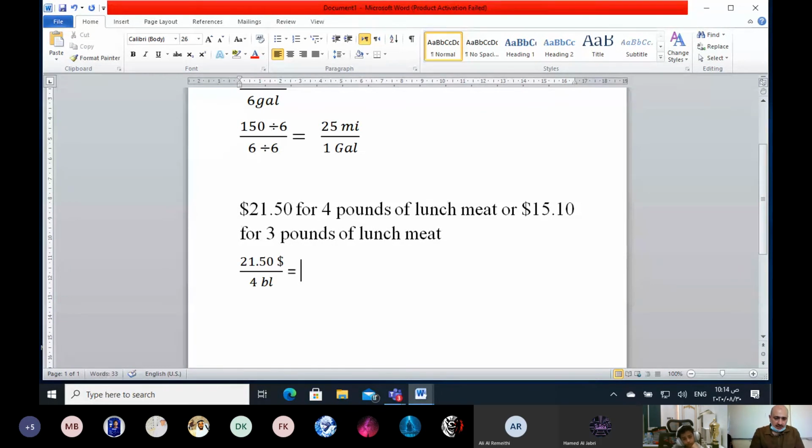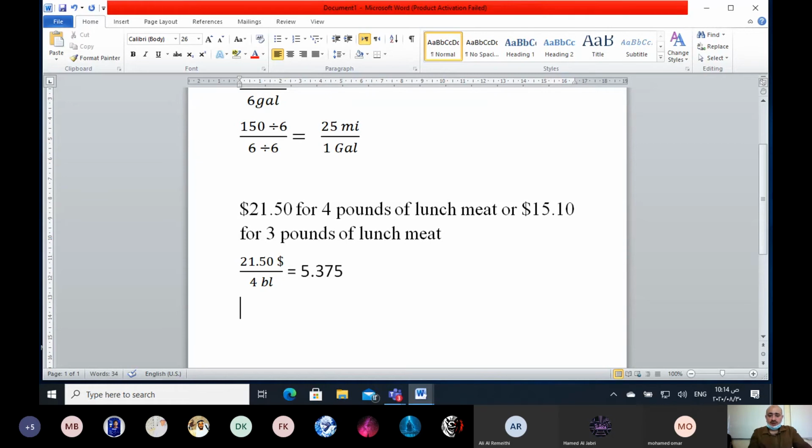You can use the calculator. Try to divide up and down by 4. So 21.50 divided by 4 will be 5.375. You can use the calculator, no problem.